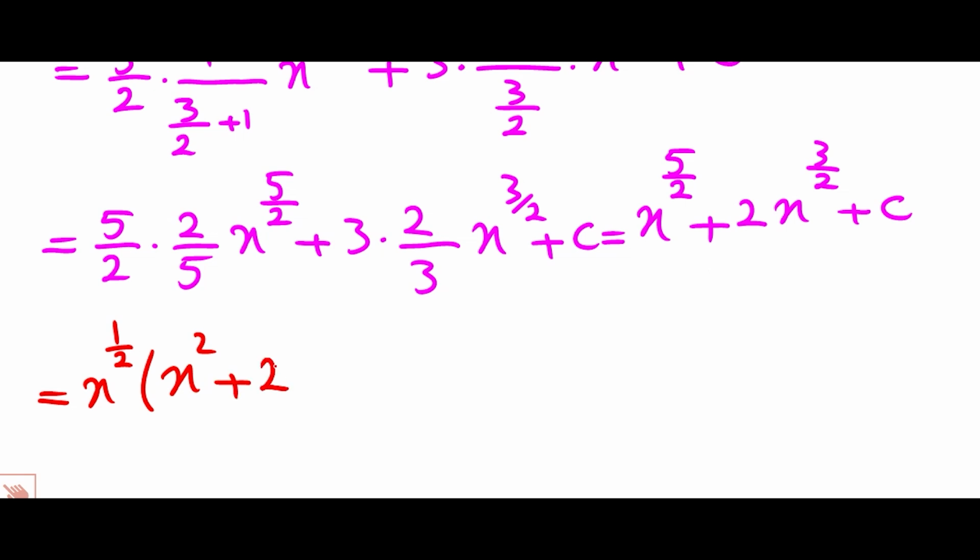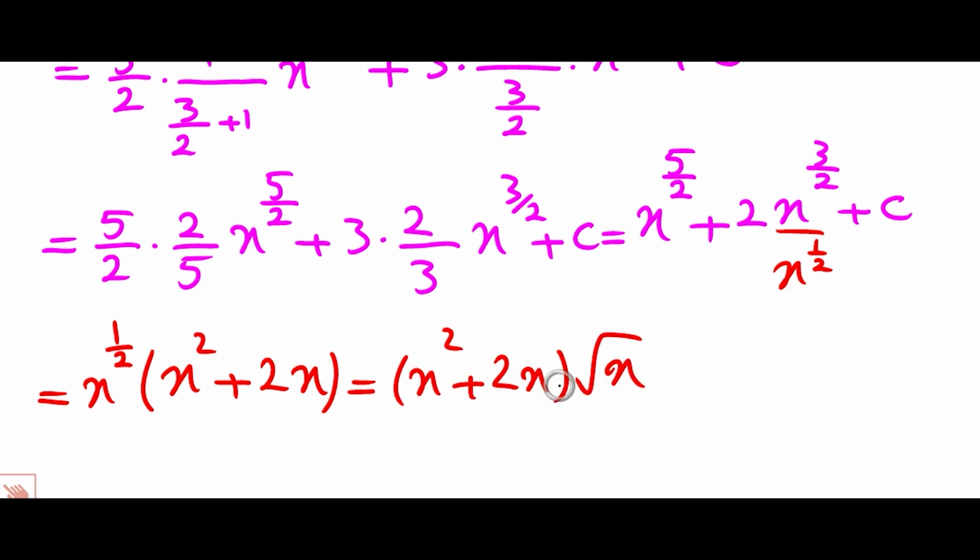Plus 2 times x to the power of 3 over 2 divided by x to the power of 1/2, equals x to the power of 3 over 2 minus 1/2, equals x to the power of 2 over 2, or x. So we get x squared plus 2x, times the square root of x. By comparing these to f of x times the square root of x, we find f of x equals x squared plus 2x.